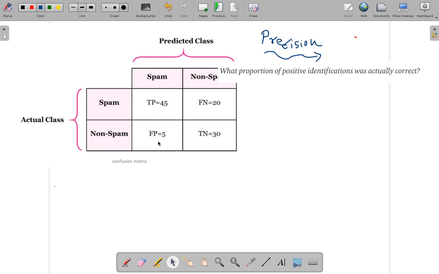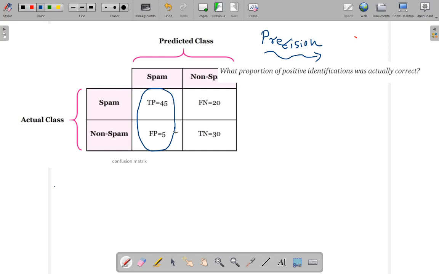So now we try to identify what proportion of positive identifications is actually correct. Out of all of this, how much is correct? So it gives an indication of how good our model is in terms of positive identification, not the negative identification. For that, we will go with the next one.